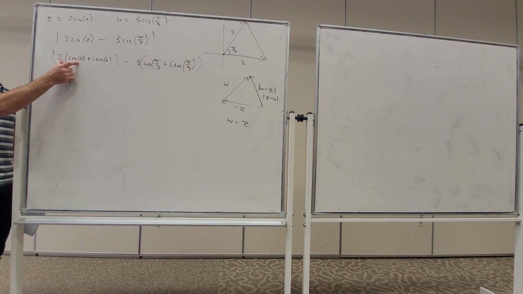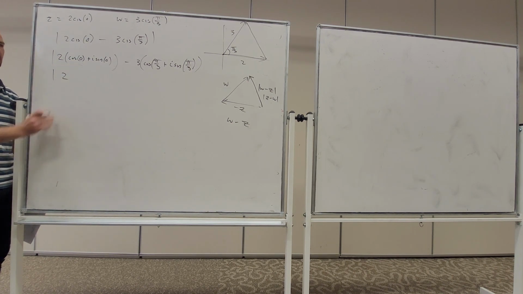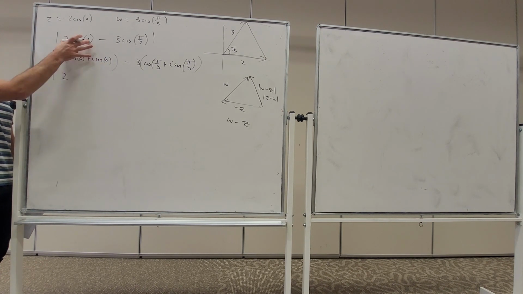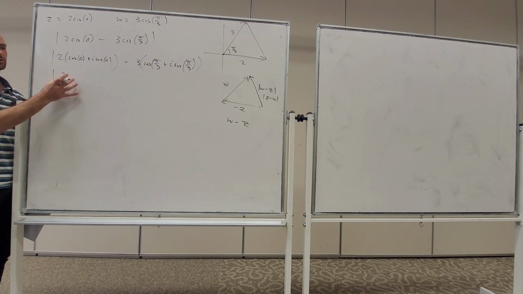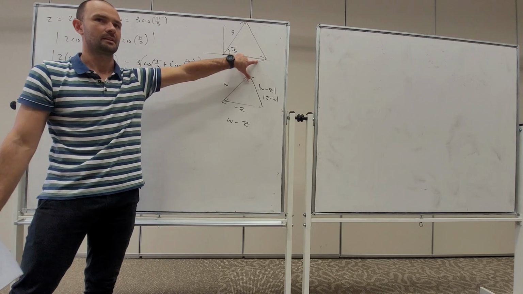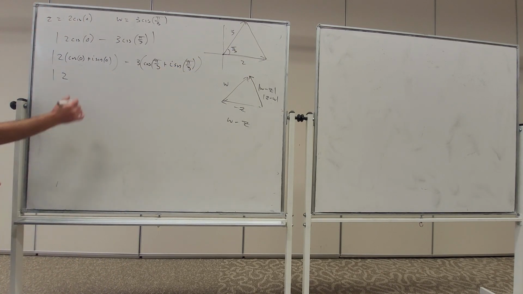Cos of 0 is positive 1 from our unit circle, so we have 2 there, and sine of 0 is 0, so 2 times 0 is 0. So this complex number is just 2 in the real direction. It has a real part of 2 and an imaginary component of 0.